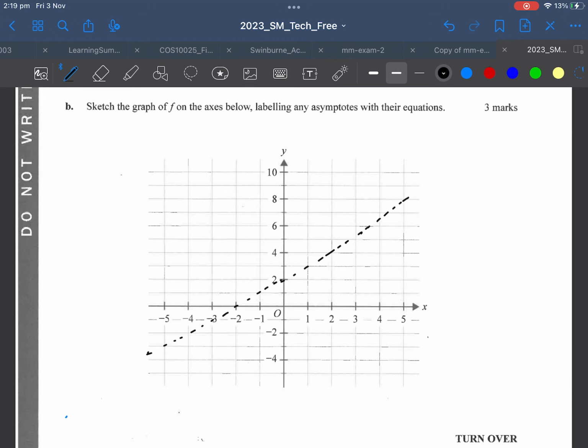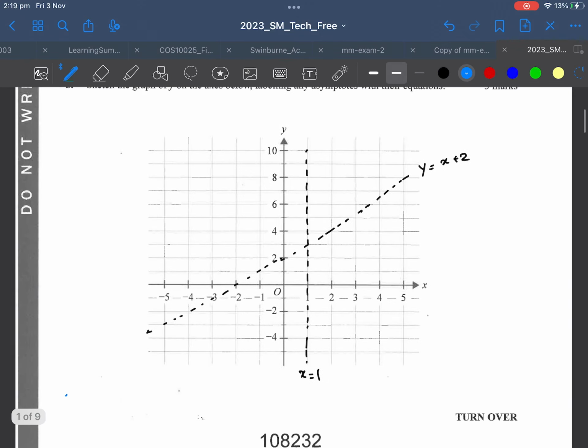So that's roughly, not really, but that's roughly y equals to x plus 2. And this is x equals to 1. Now keep in mind, if you drew something like this in the exam, then you're going to get penalized because it's like a hunch.